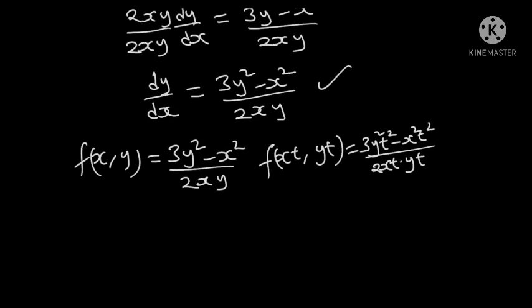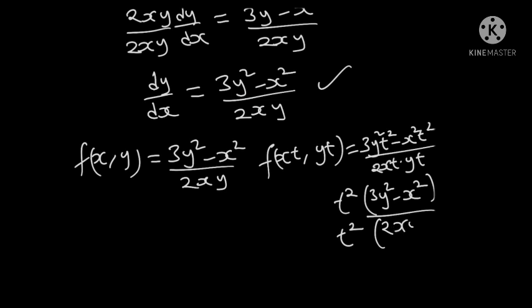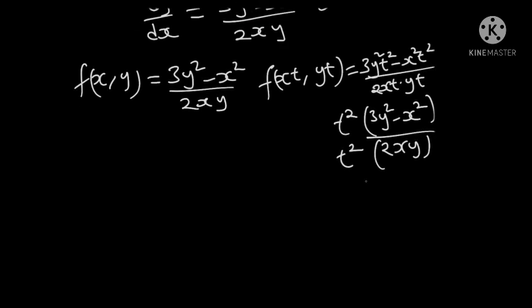Now, from this, we can factor out t squared. We get t squared times 3y squared minus x squared over t squared times 2xy. This cancels and reduces to 3y squared minus x squared over 2xy. Since this equation is the same as this, then this equation is homogeneous and thus can be reduced to separable form.